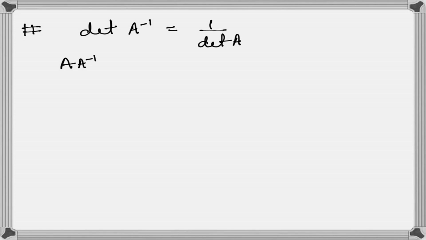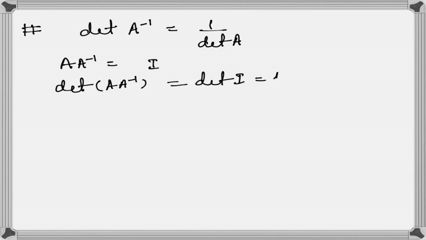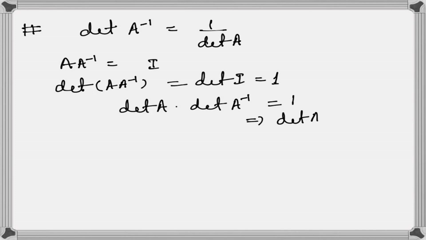A times A inverse is equal to identity matrix. Then the determinant of A A inverse is equal to determinant of I, which is equal to 1, and I is the identity matrix. Then this is nothing but determinant A into determinant A inverse equals 1, which implies determinant of A inverse is equal to 1 upon determinant of A.